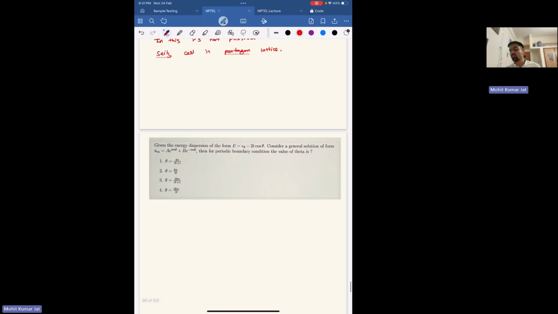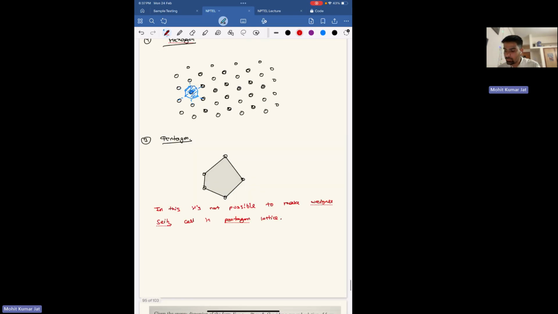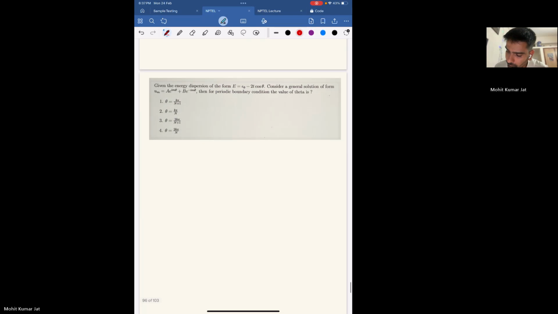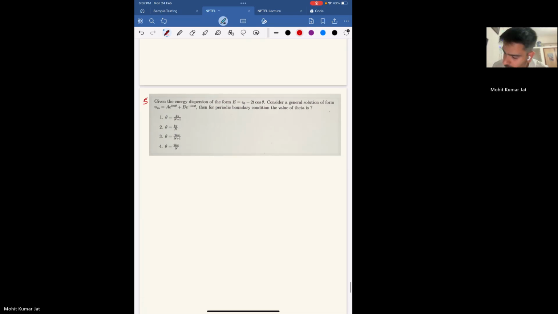Now coming on to problem number 5. Given the energy dispersion of the form, we know that this dispersion comes when you take the nearest neighbor hopping to be t, and E naught is the ground state energy when there was no hopping, when t was 0.